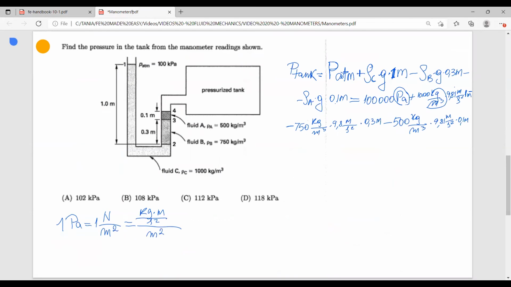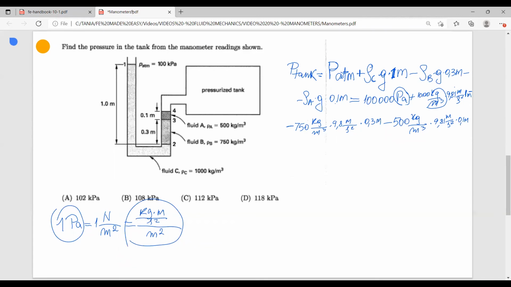So 1 pascal will be equal to all this, which you can see are exactly the units we have here. So don't be confused about adding pascals with kilograms over meter, because it's the same units.